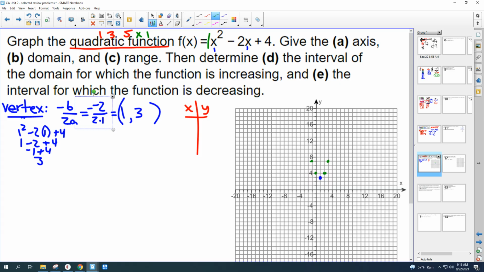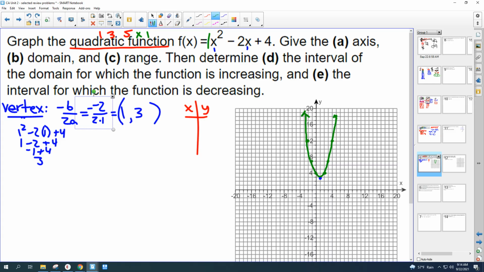And from that point, you go up 5 and over 1. And so on and so on. You can go up 7, up 9, up whatever, but usually by the time you get to 5, you're out of room anyway. So that's what my quadratic looks like. That's the easiest thing to do. Other than that, you can plug stuff in, but I don't want to do that.